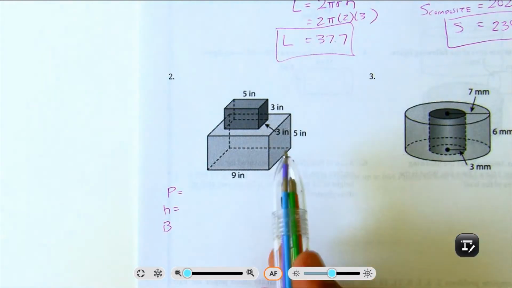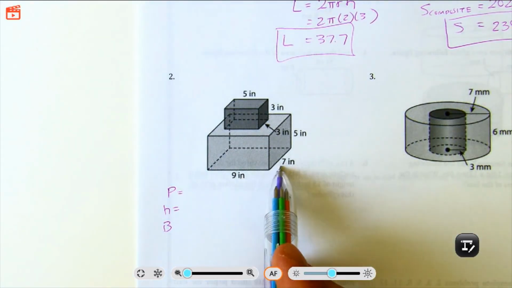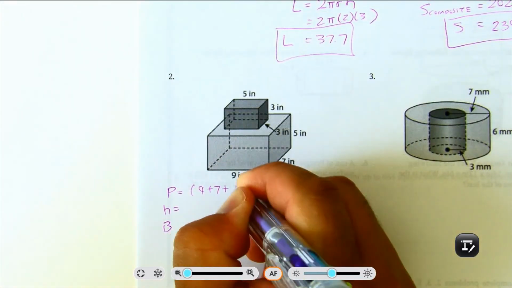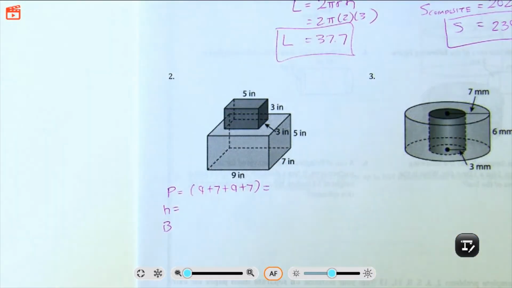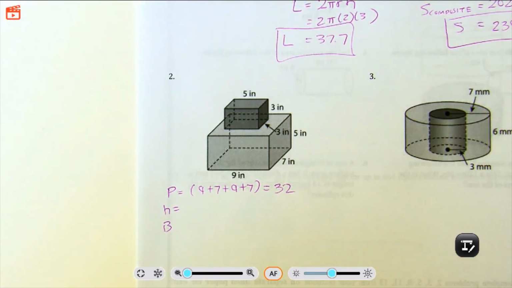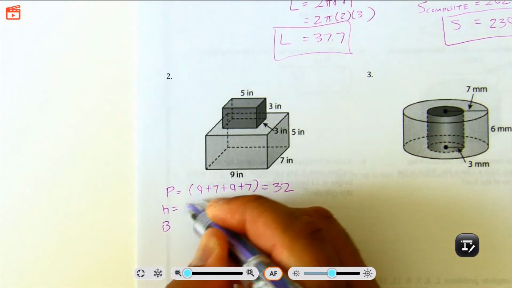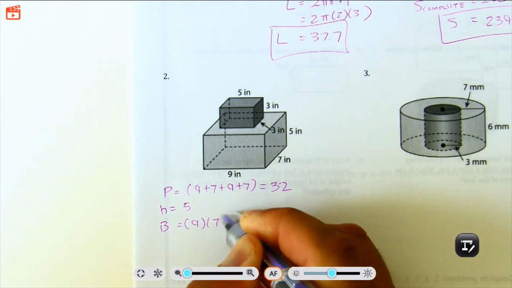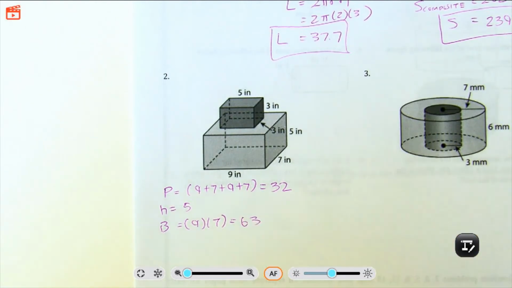So the perimeter is 9 plus 7 plus 9 plus 7. And that is 16 plus 16, which is 32. The height of the object is 5. And the base is 9 times 7, which ends up being 63.